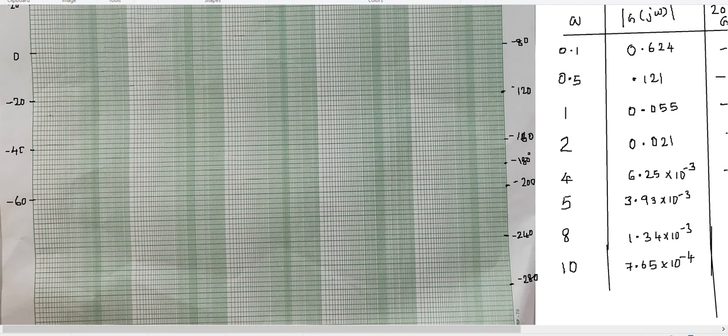With respect to 0.1, when the frequency is 0.1, the gain is minus 4 dB. So this is approximately here. And with respect to 0.5, the gain is minus 18 dB. 0.5 means approximately it will be here.